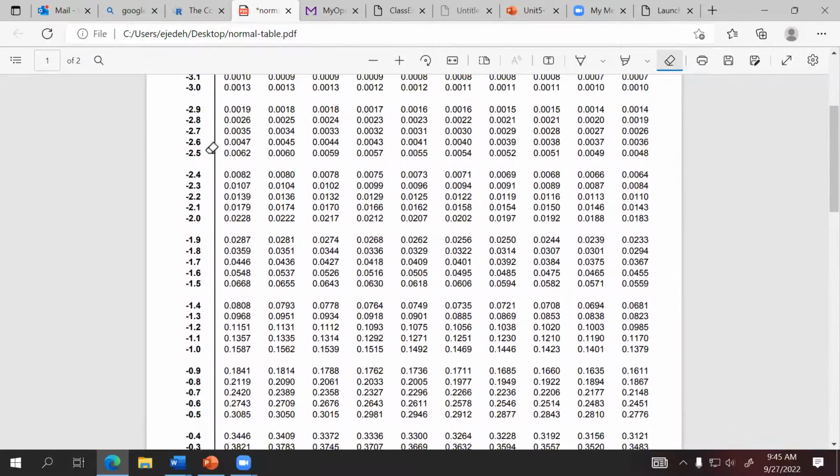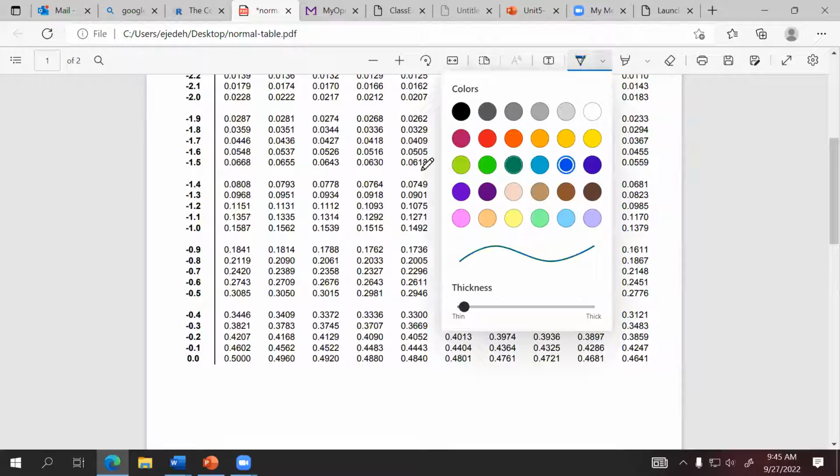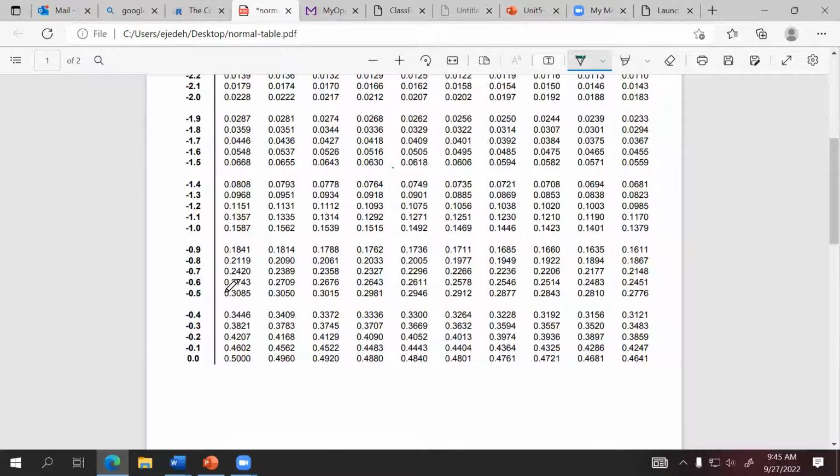If you go down the first column, you have 0.2, 0.27, 0.24 here. So I'm looking for 0.25. It's not going to be exactly on this line.